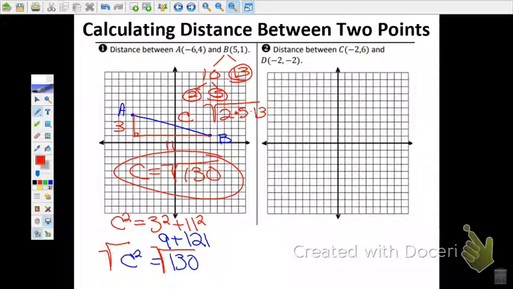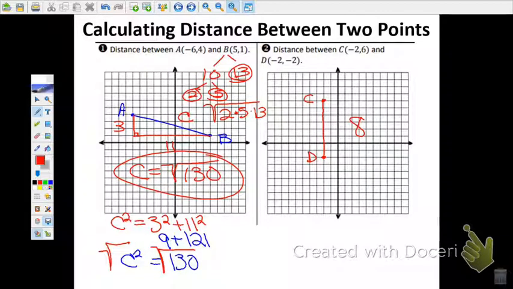Next one. That one's special. Point C is at -2, 6. Point D is at -2, -2. What's the length of my segment? 8.